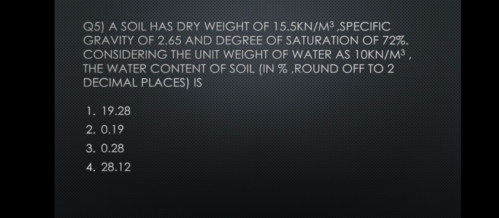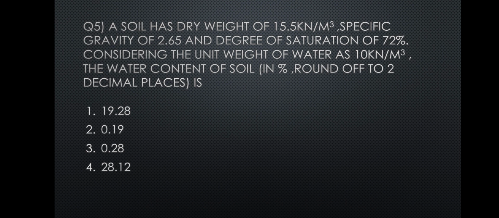And moving on to the last question. A soil has dry unit weight of 15.5 kN per meter cube, specific gravity of 2.65 and degree of saturation of 72%. Considering the unit weight of water as 10 kN per meter cube, the water content of soil in percentage, rounded off to 2 decimal places, is?